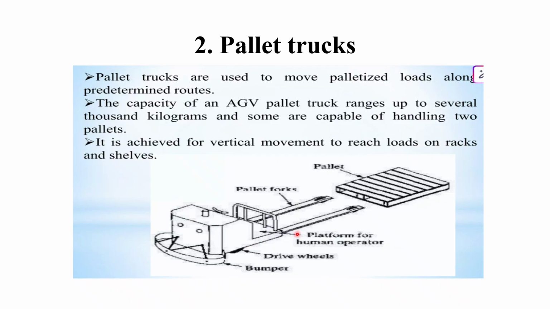This is very important to note: if you want to move material to a shelf, it is on a pallet, so you can easily have vertical movement to reach the load on the rack and also shelves. It is possible if you go for a pallet truck type of AGV.